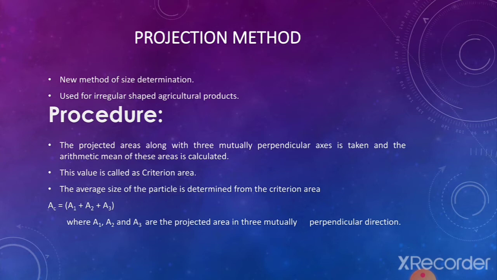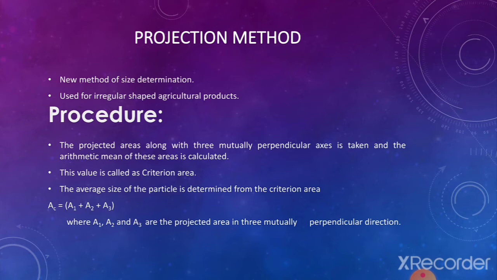The next method is the projection method. This is a new method of size determination and it is used for irregularly shaped agricultural products. Procedure: the projected areas along three mutually perpendicular axes are taken and the arithmetic mean of these areas is calculated. This value is the criteria area.